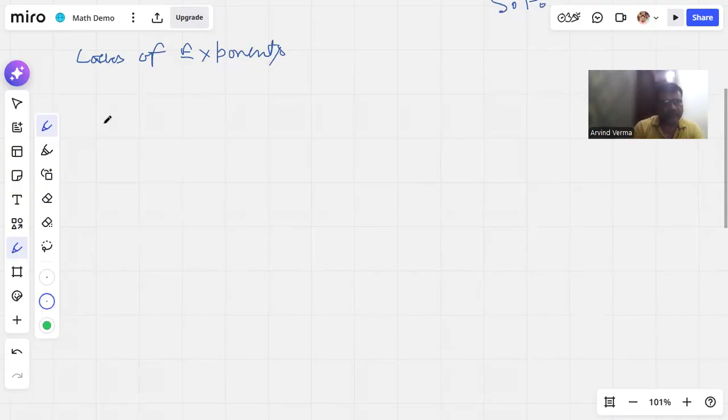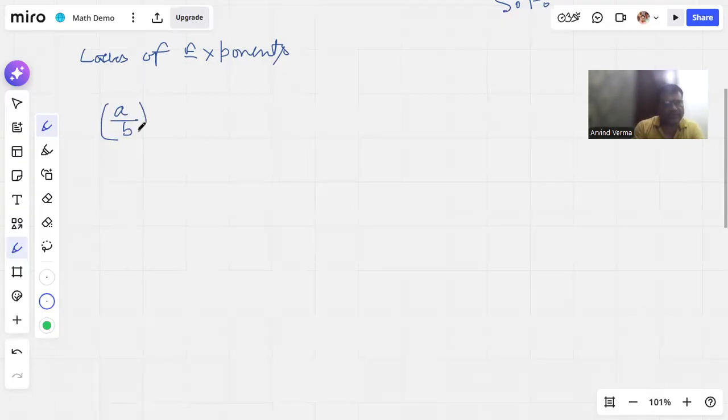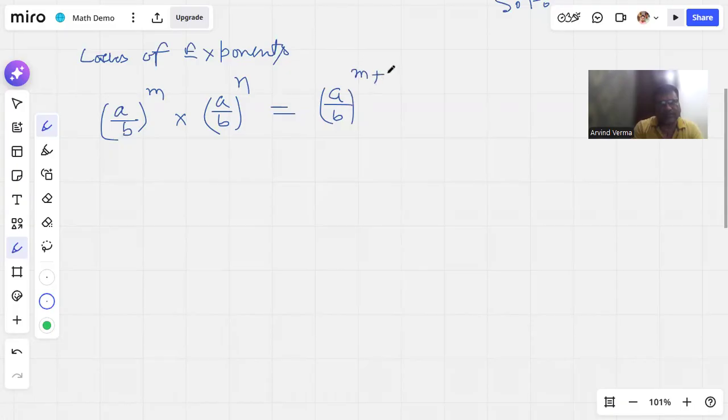The very first law is if we have some base a upon b and its power is m, into a upon b to the power n, that is equal to a upon b raised to the power m plus n.